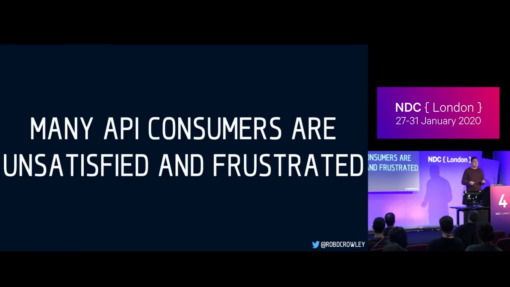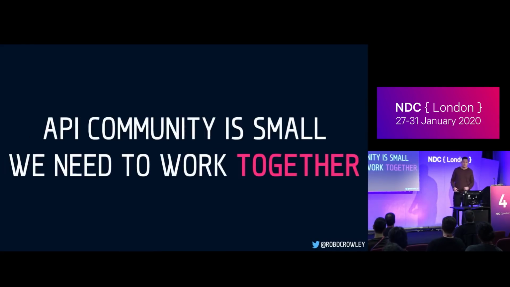And I think that's a far deeper seated problem. So how can we build products that truly give the experience we wish? And our API community is small. So again, let's not get hung up on one technology or another. Let's work together and see, of all the tools that we have available to us, how we can choose the most effective one.